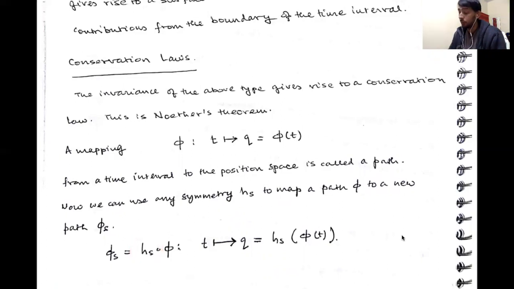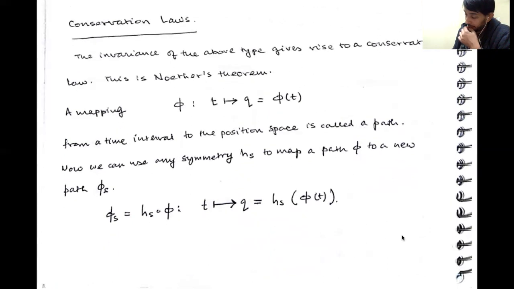And now what happens is that you have a new path h_s of phi of t. Okay, so you had a path phi of t, and now you have a new path h_s phi of t. Very good.